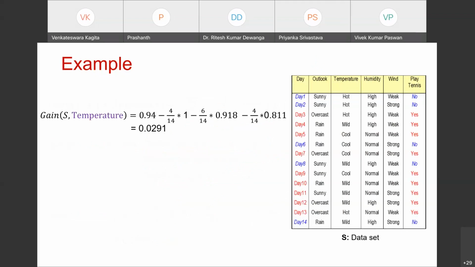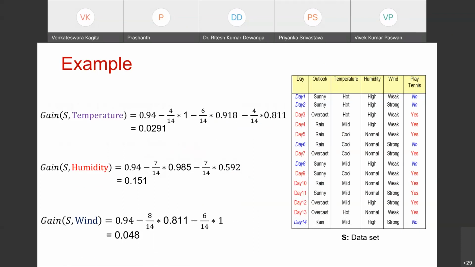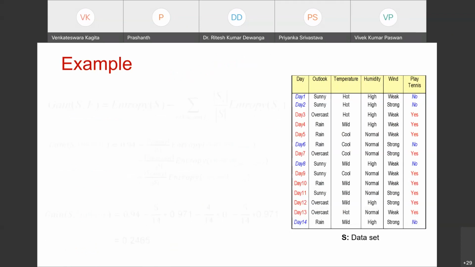Gain for temperature is 0.029, gain for humidity is 0.151, and gain for wind is 0.048. Just to recall, gain of S comma outlook is 0.2465.